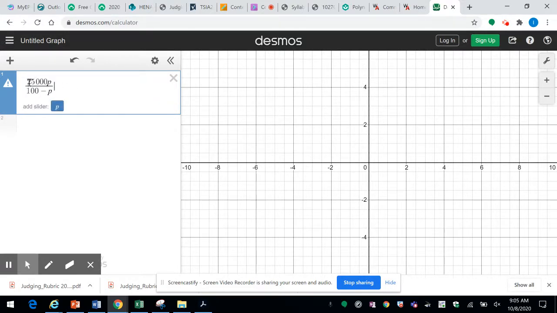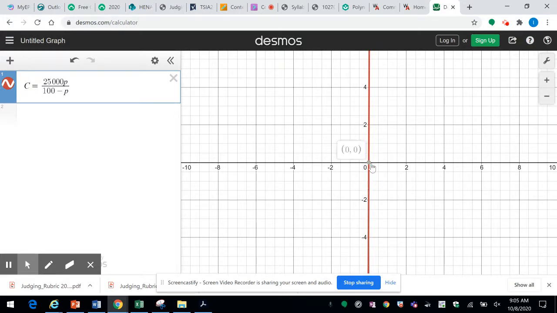And notice that it didn't graph anything, so we want to say c equals 25,000p divided by 100 minus p. And if you notice, it looks like a straight line here. The reason for that is our x values and our y values for the axes are in increments like 2, -4, -6, and so on.